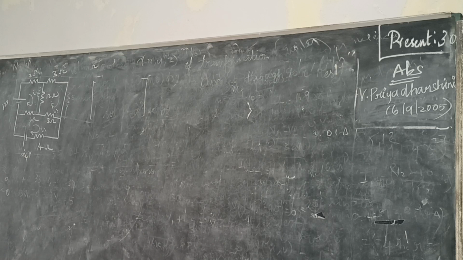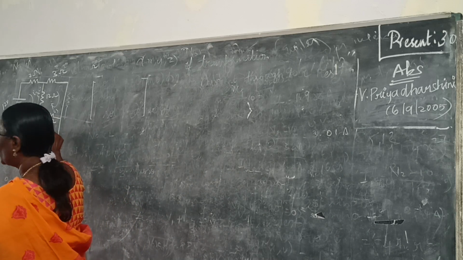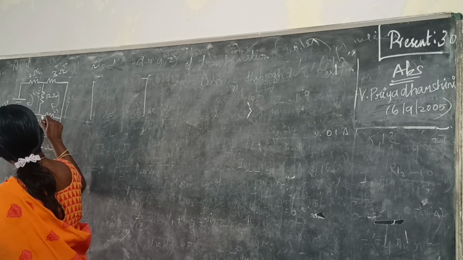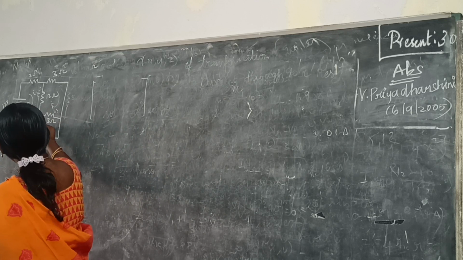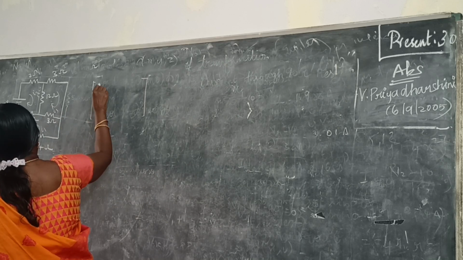A11, A12. 1, 1 represents what? The elements present in loop 1. What are all the elements present in loop 1? 1, 3 and 4. 3 elements are present. So 1, 3, 4. The total is 8.